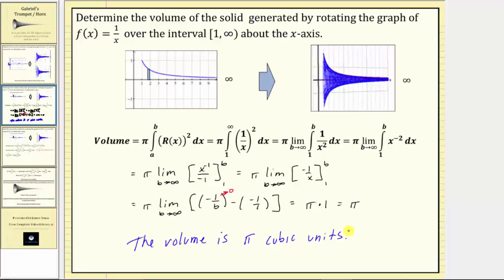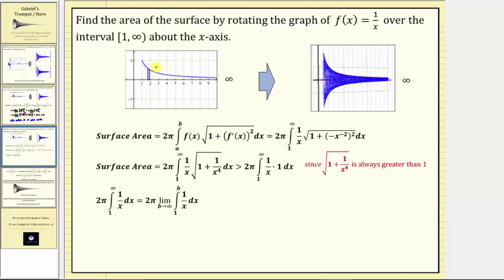And now let's determine the surface area. Because we have rotation about the x-axis, the surface area equals 2 pi times the integral from a to b of f of x times the square root of the quantity 1 plus the square of f prime of x differential x. This f of x is just the radius, which again, because we have rotation about the x-axis, is just 1 over x.